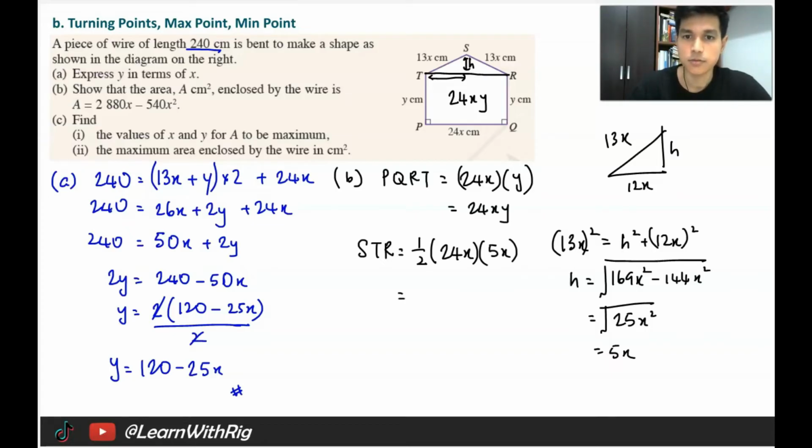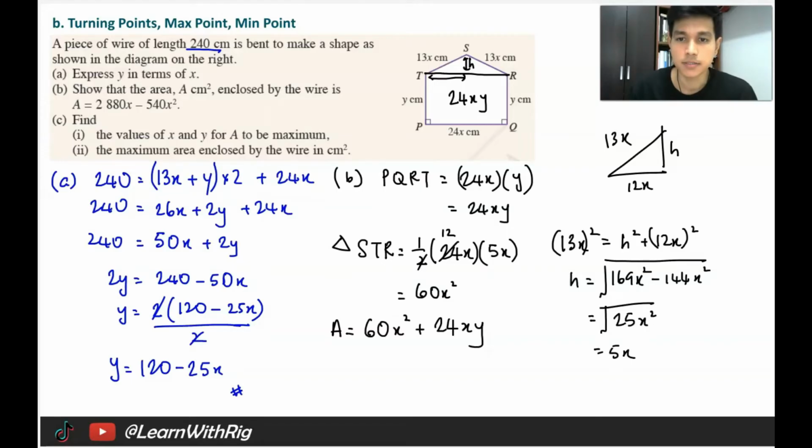So the area of this triangle is 12 times 5, so 60x square. So the area is going to be 60x square plus 24xy. But this is not the final answer. Why? Because first of all, it's not even the same.